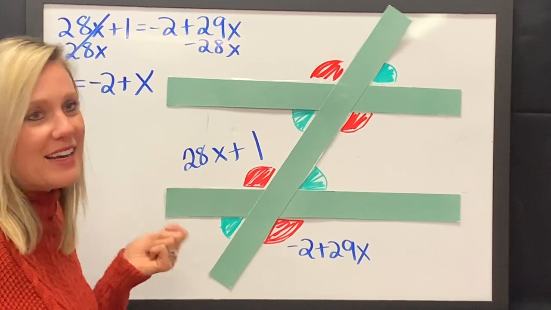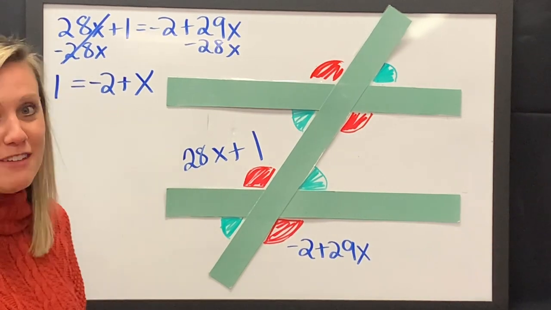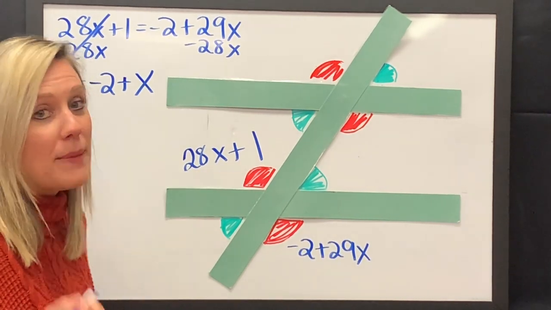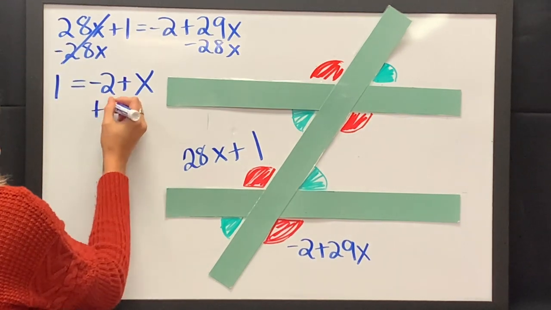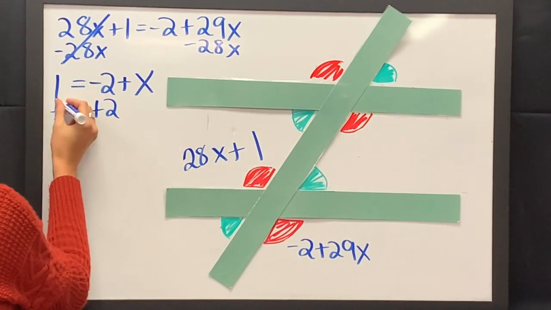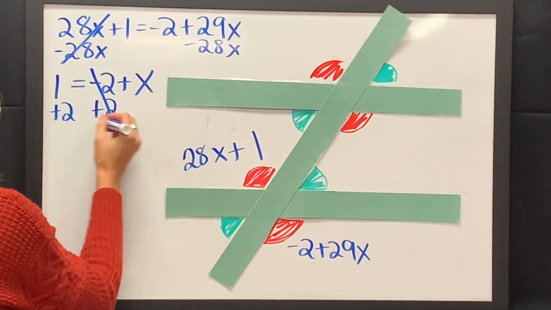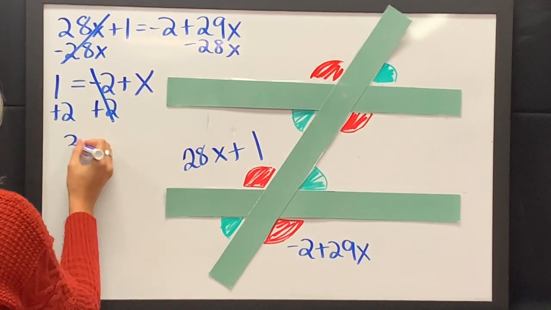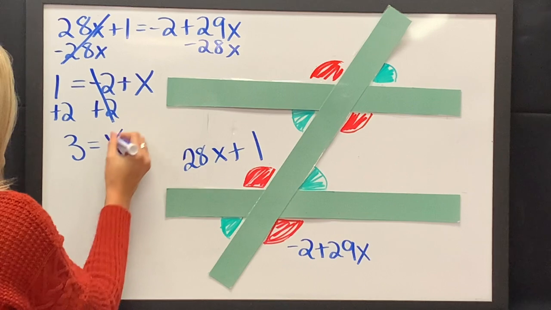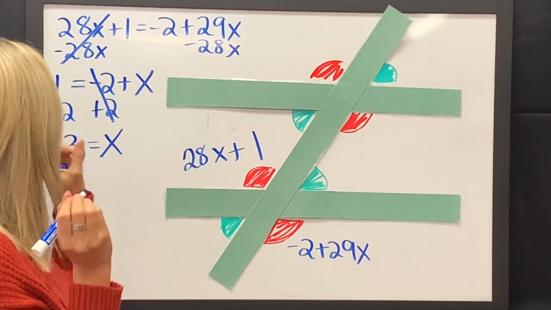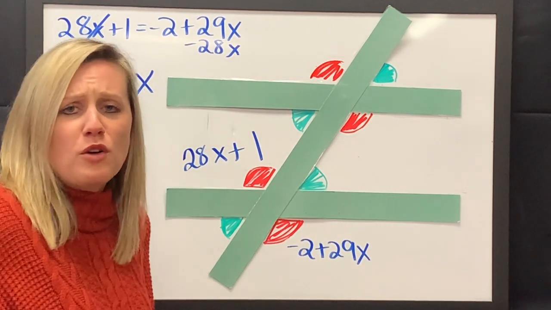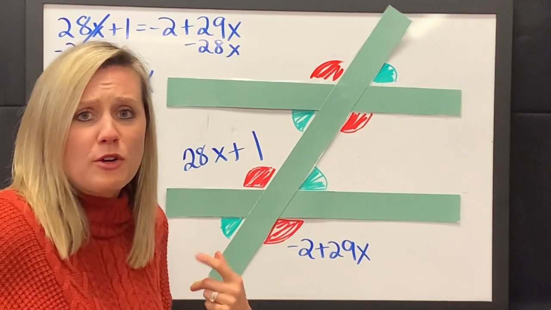We are almost done. I just need to get rid of this -2 by adding +2. Adding 2, adding 2. These will cancel, and 1 plus 2 is 3. 3 equals x. If this is confusing to you, feel free to watch my 1-step or 2-step equation videos.